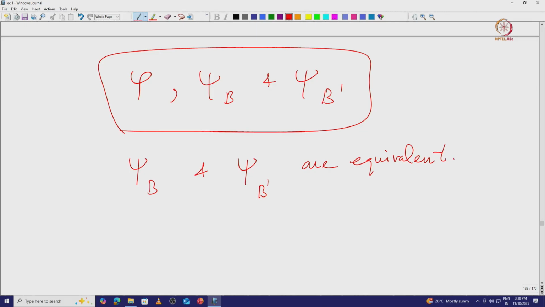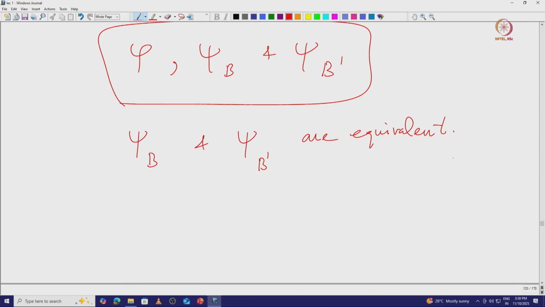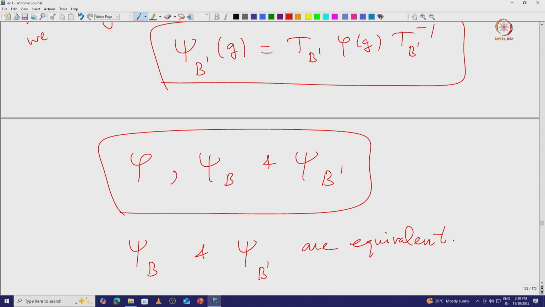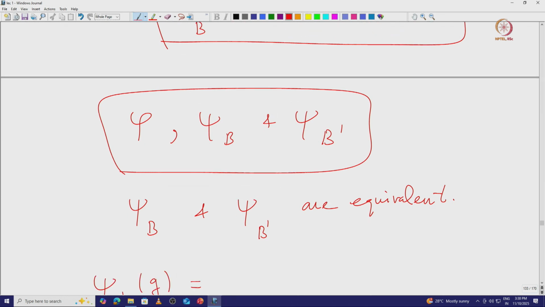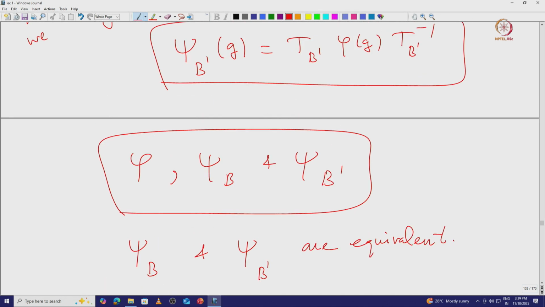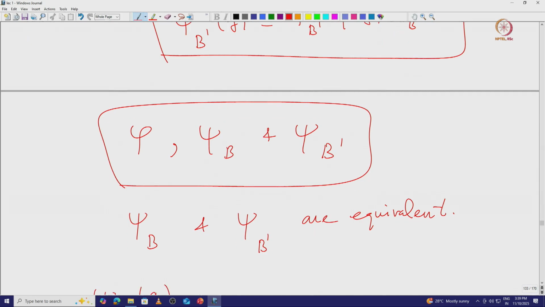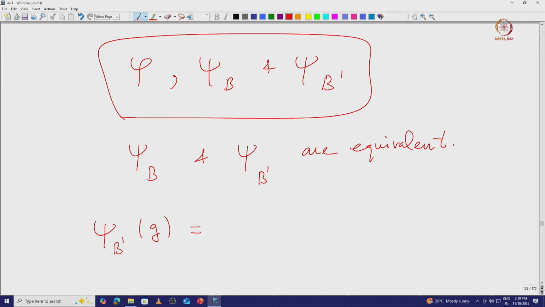So how are they equivalent? Let us see. If we compute this xi b dash of g, then that is exactly, by definition, T b dash phi g T b dash inverse.